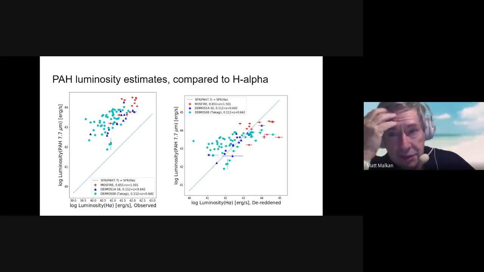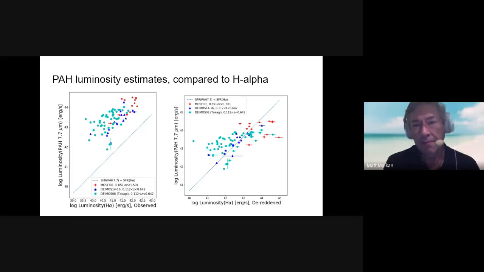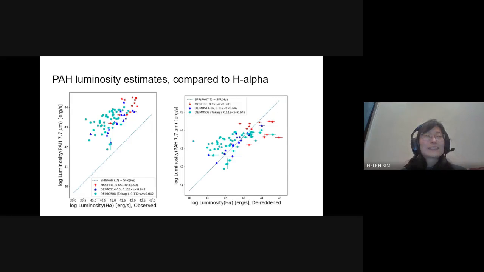Maybe if the PAHs are getting destroyed in very luminous starbursts, like you see in ULIRGs sometimes, I don't know, is it a possibility? Right, so we do think that's a possibility. So that's why we suspect that there would be some depletion of the PAH when the H alpha is higher. But we're still investigating that.